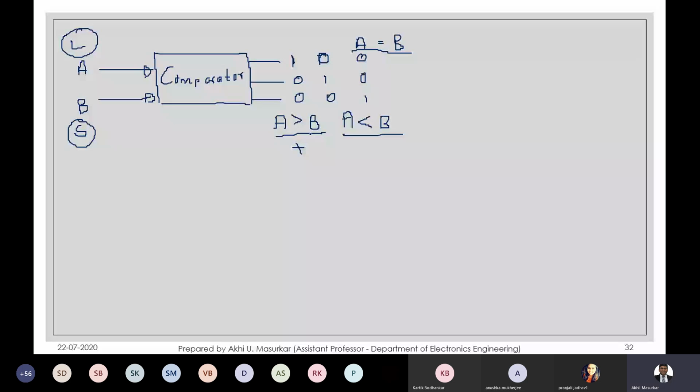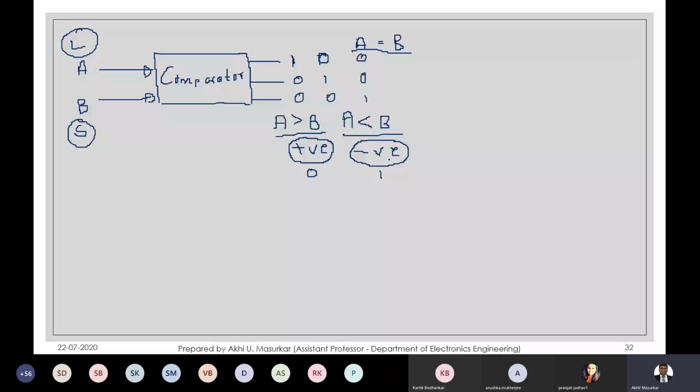And if A is less than B, the answer is negative. So we already know before the subtraction itself whether my answer is going to be positive or negative. That means we know what to append to my answer, whether it is 0 or 1, after I actually do the subtraction.